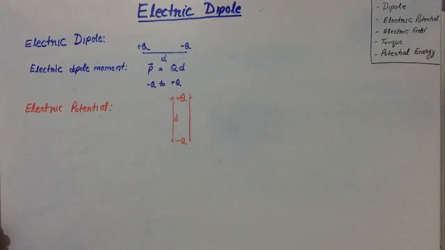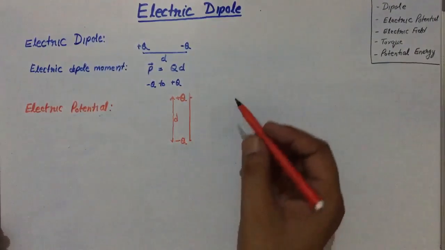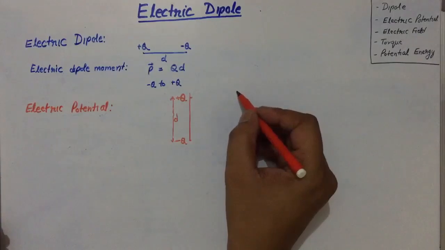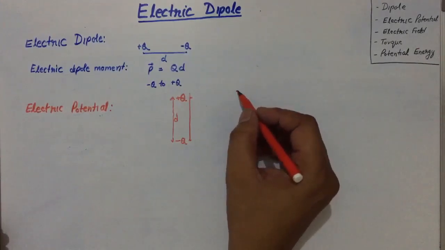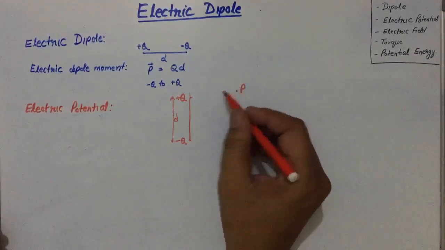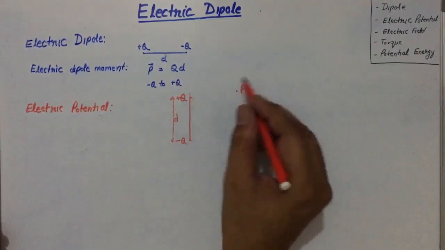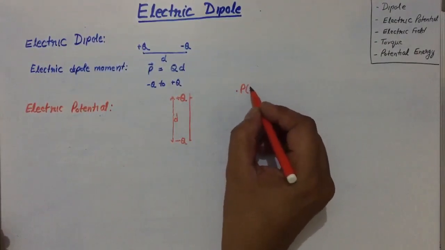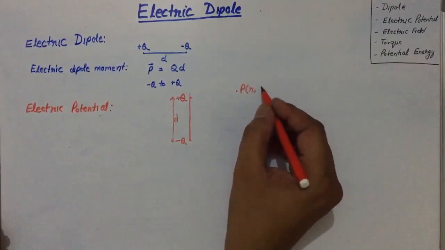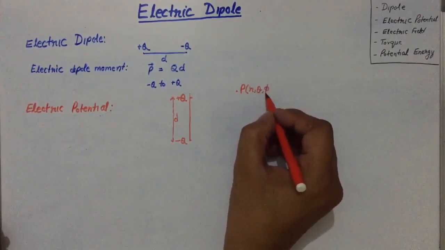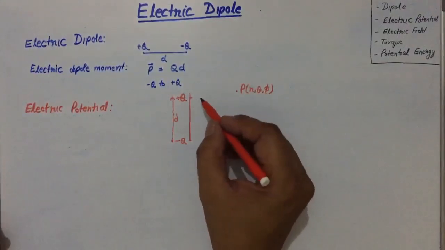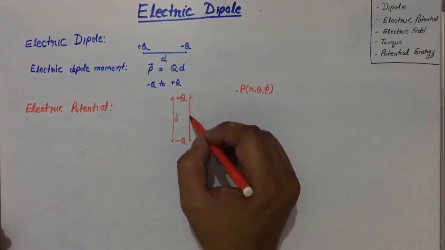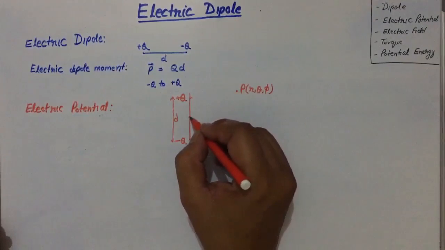To find the electric potential at any point P that is away from the system, in any coordinate, for example a spherical coordinate system, we mark the middle of the dipole.